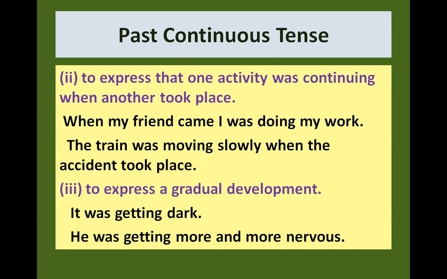Like it was getting dark, he was getting more and more nervous. इंसान जो है नर्वस होने की उसकी प्रक्रिया थोड़ी सी ग्रेजुअल होती है. तो इस तरह से he was getting nervous. So इन चीजों का बेटा ध्यान रखना है when you are expressing things in past continuous tense, right.